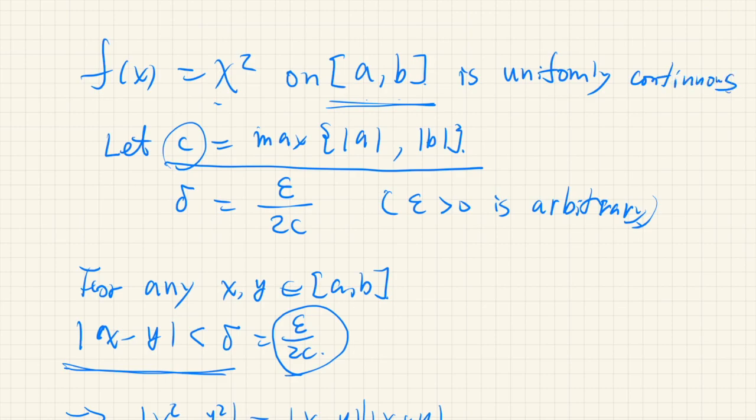So it was not uniformly continuous if it was defined on the entire real axis, but it is uniformly continuous if it is restricted to a closed interval. We have just seen one example, x squared, but this observation can be generalized. That is the following theorem.